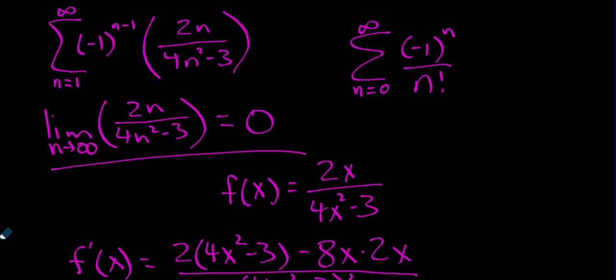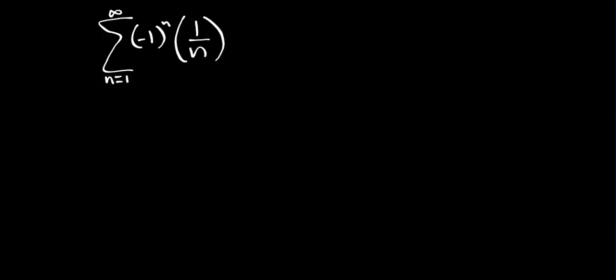Now, so we use the alternating series test to show convergence, but I want to look at another series here. Let's suppose we've got this one. We've got -1 to the n, 1 over n. Now, this series right here converges by the alternating series test.